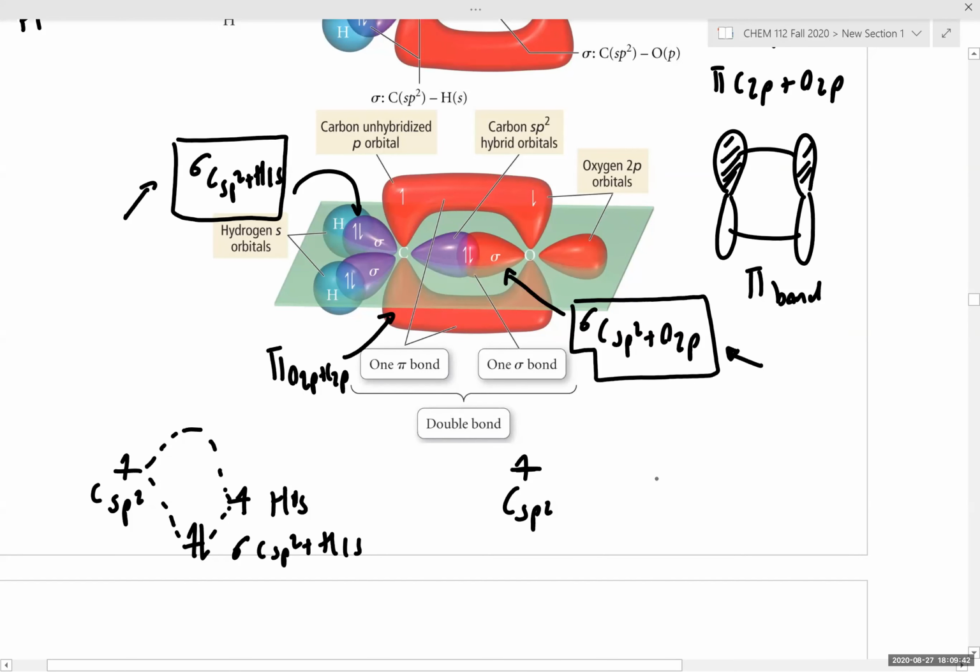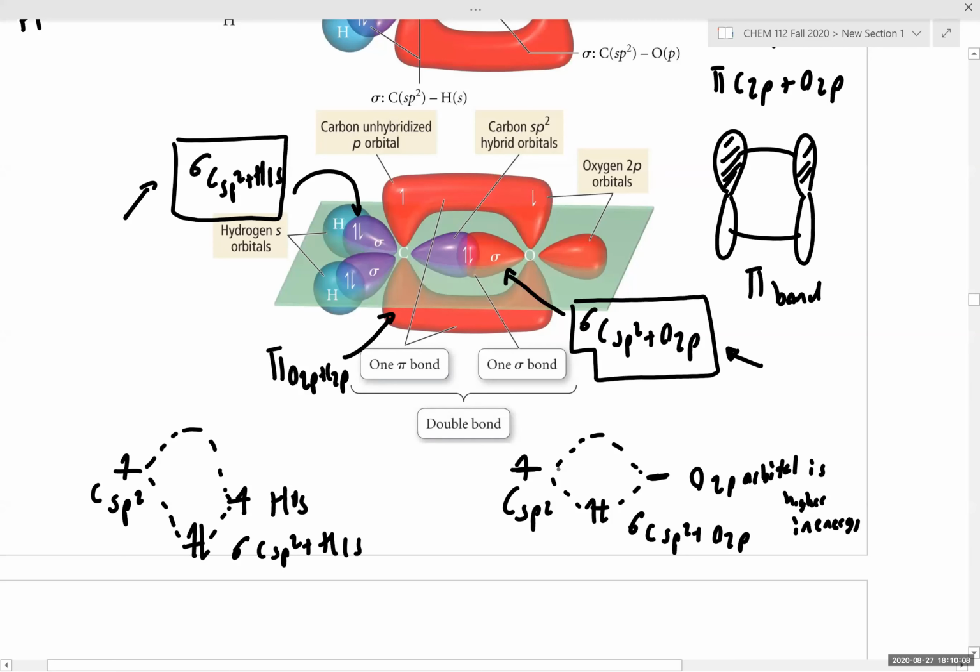Higher, yep. The oxygen 2p orbital is higher in energy. And as a result, when we engage in orbital overlap, that directly impacts the relative energy of our sigma bonding orbital.